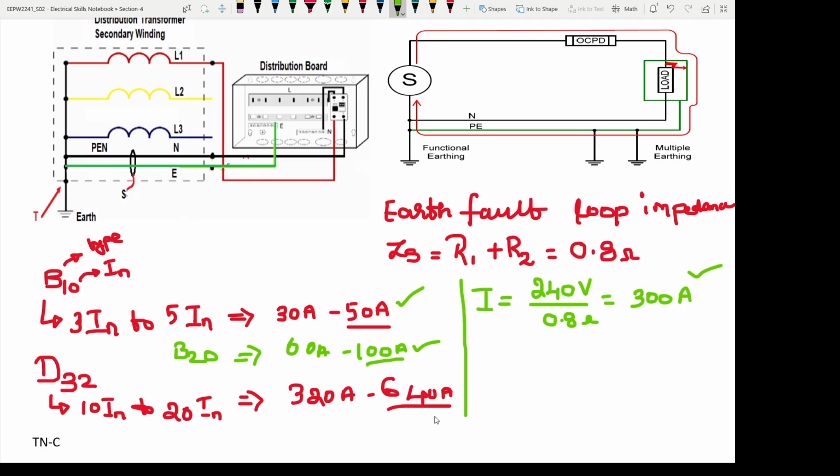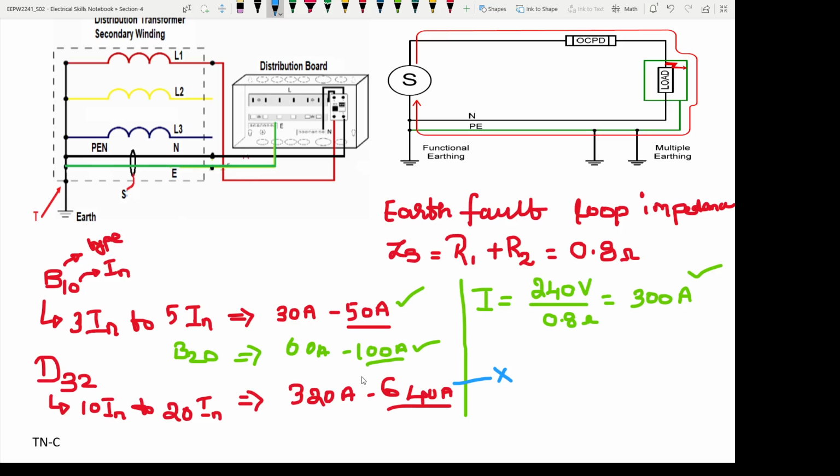But for this D type, the instantaneous trip current required is 640 and I have only 300 amperes of current during fault. So this means if I use the D type MCB in the TN-S earthing system, it is not going to protect us and it is not going to trip during the faulty condition.